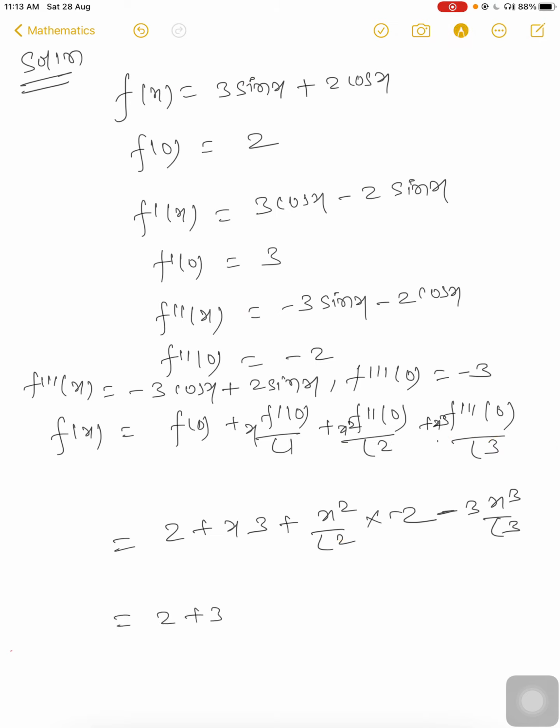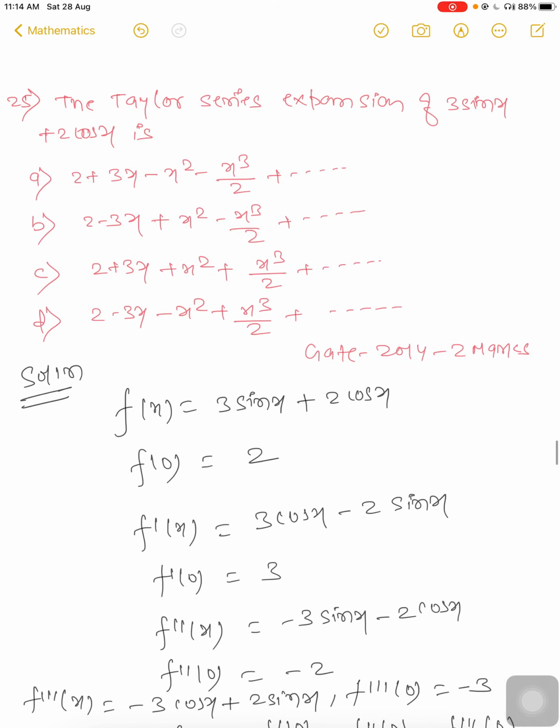So the option will be 2 plus 3x plus minus 2x² by factorial 2, the 2 cancels out. So 2 plus 3x minus x², and the x³ term, the 3 cancels out.